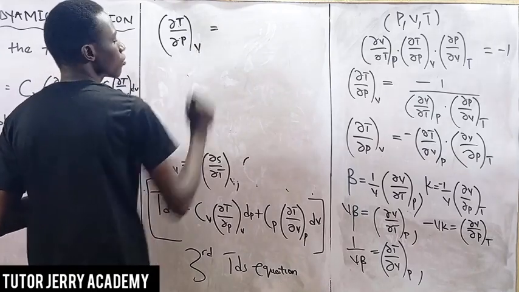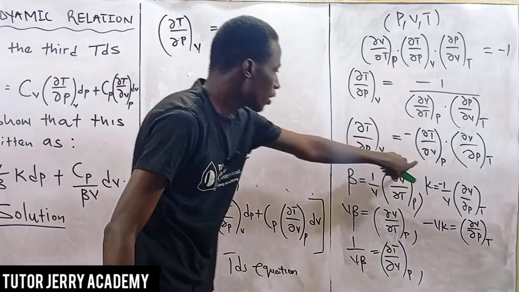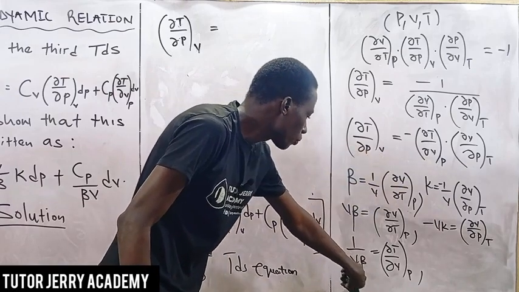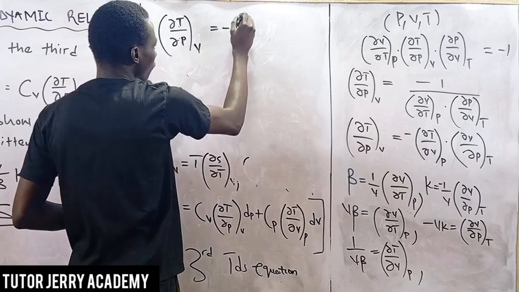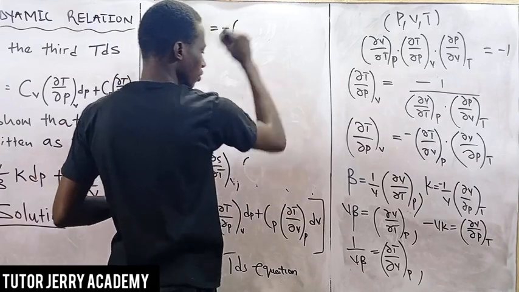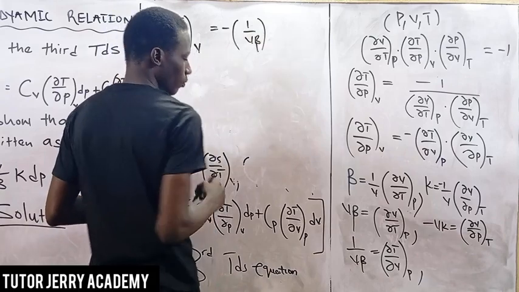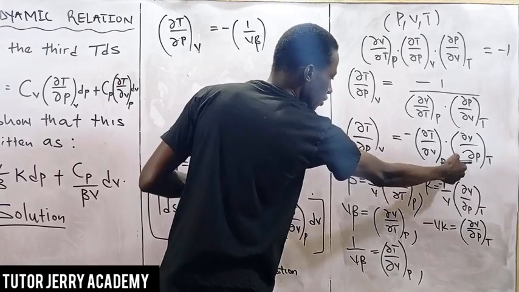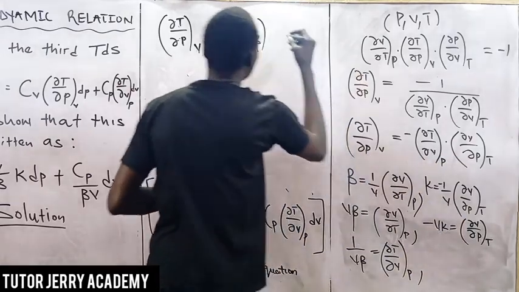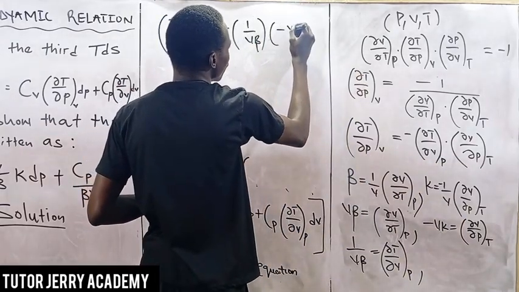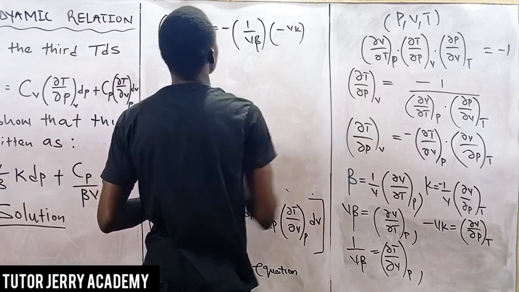This will be equal to, in place of this, we are going to put this. So we have minus, come first, into 1 all over v beta. We close our bracket. In place of this, which is this, we are going to put this, the bracket of minus v. So this is what we have.